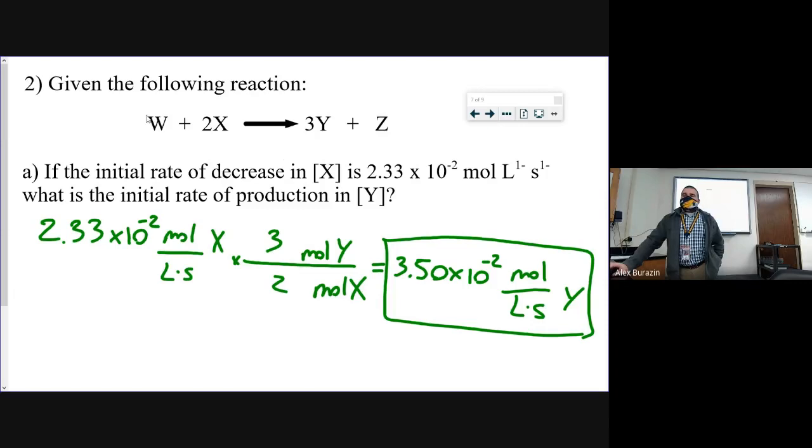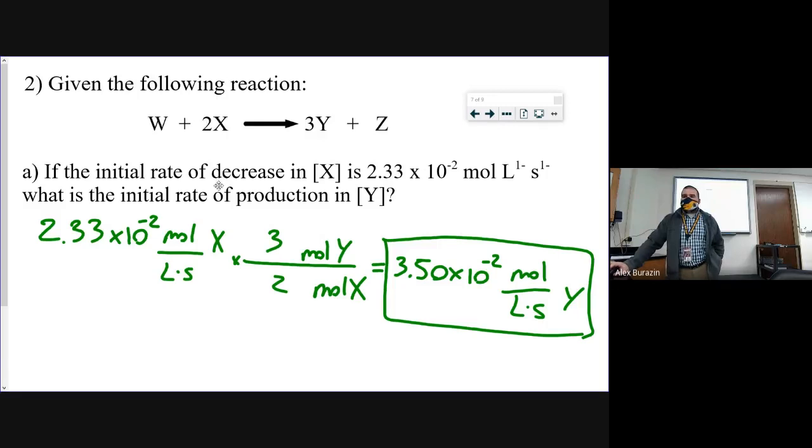So what we learned last week, Thursday, was if I know how fast one of these reactants is getting used up, or how fast one of these products is getting made, I can also figure out how fast any of the other ones are being used up or created. We can use coefficients to compare rates.